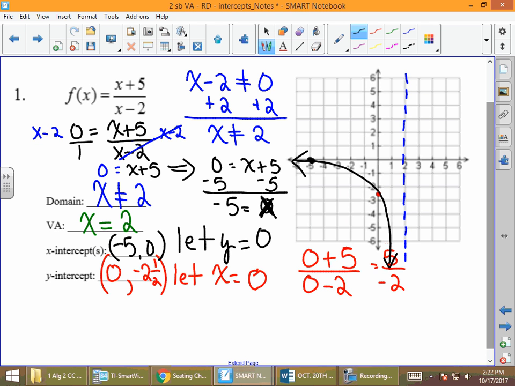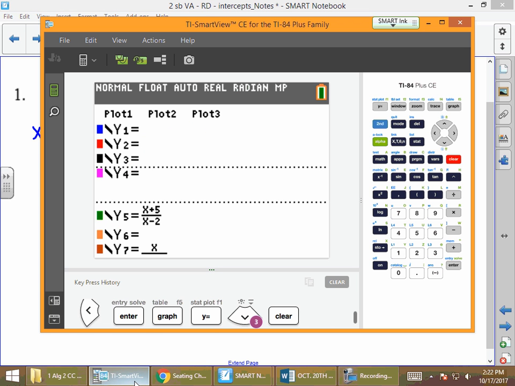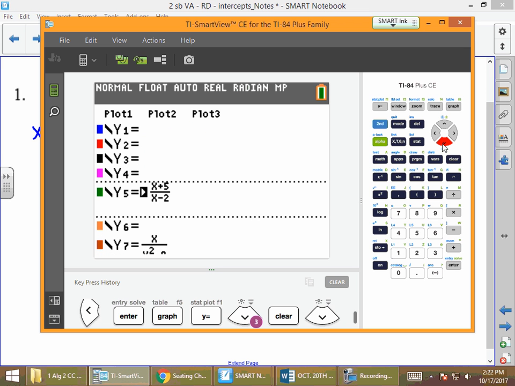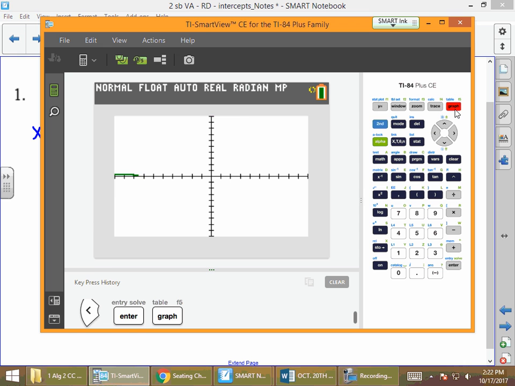I do have this typed into the calculator already, and it's going to come up in green. I need to turn it on. So there's the part that I graphed already, and then we have a little bit more.